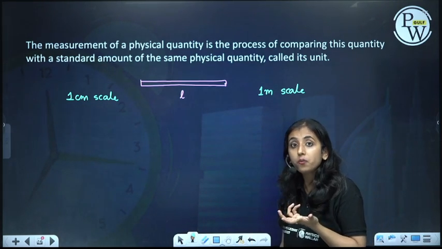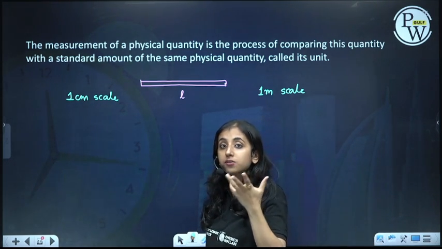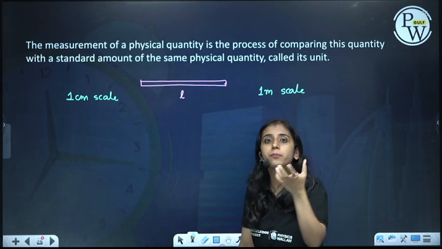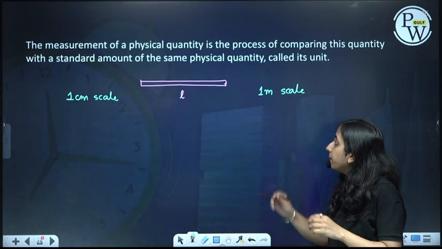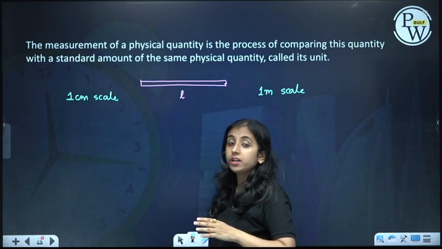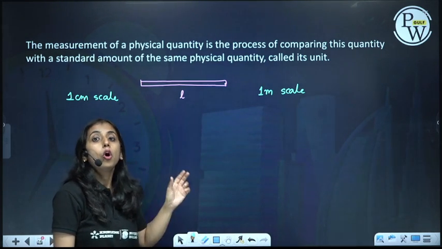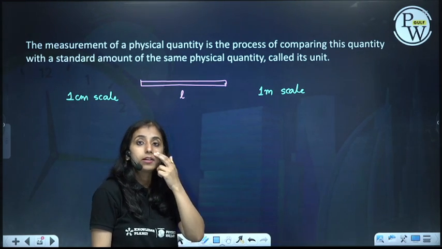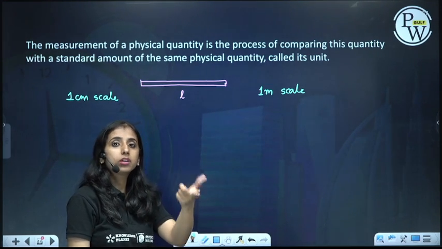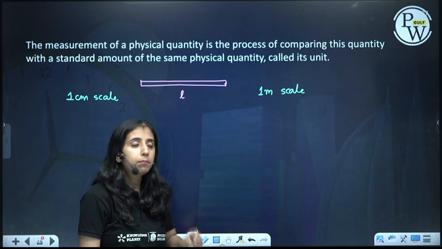So this is how we measure. What is the process of measurement? This is the only process of measurement: when we compare our given quantity with a fixed, standard value of the same quantity. This process is called measurement.